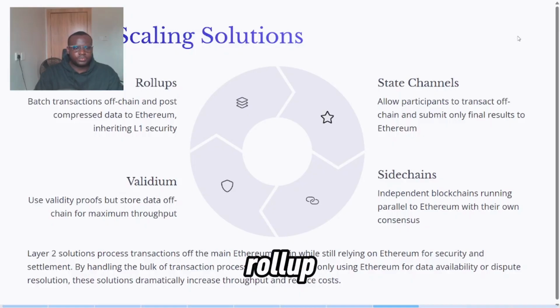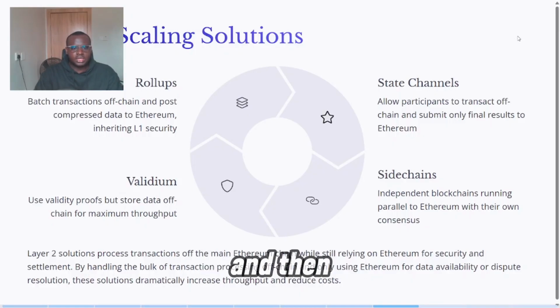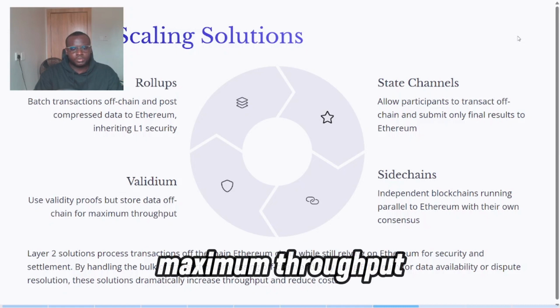For rollups, transactions are batched off-chain and then compressed into the Ethereum network, which allows them to inherit security from Ethereum. We also have state channels that allow participants to transact off-chain and submit final results to Ethereum. For Validium, we use validity proofs but store data off-chain for maximum throughput.